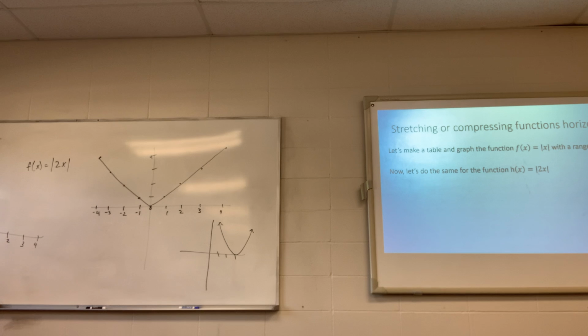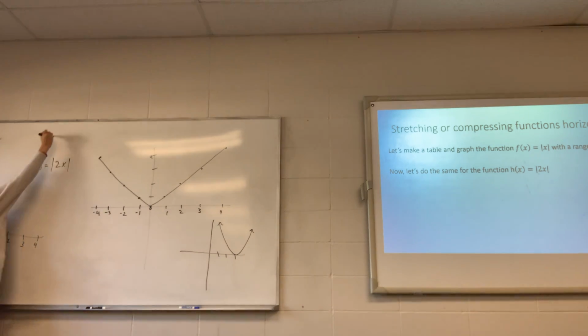Ocean, what about negative 1? 2. Mia, what do you think for 0? 0. Cool. And then this other side, going to be the same? Yeah, we always have the same on the other side. So at 1, 2, 2, 4, 3, 6, and 4, 8. And I don't need arrows.